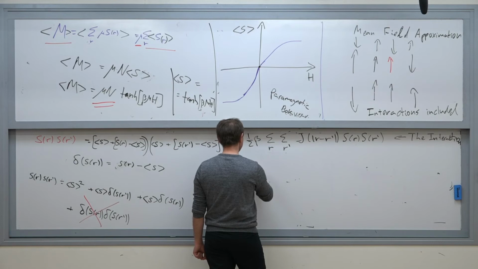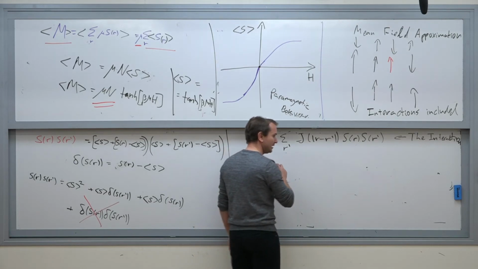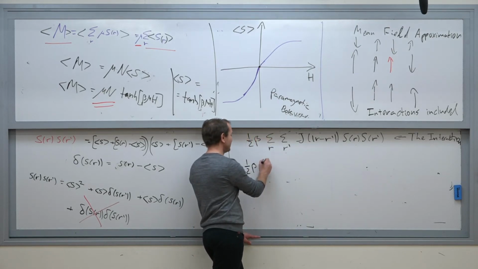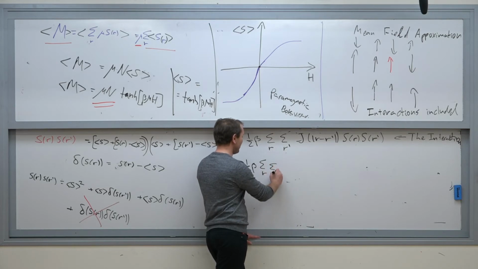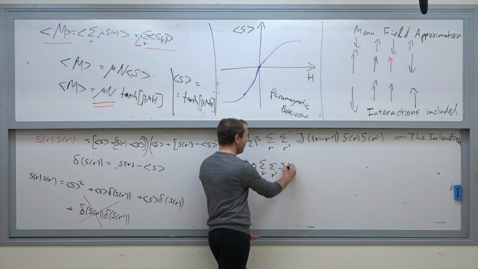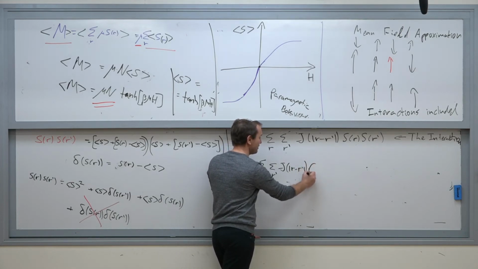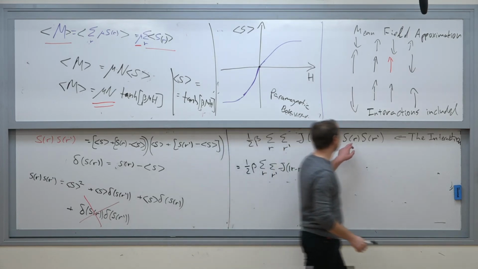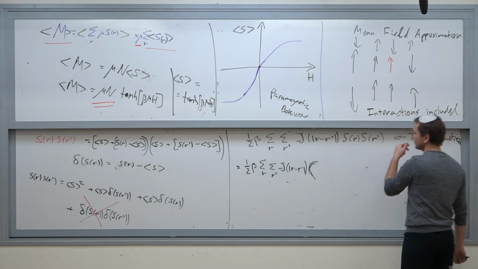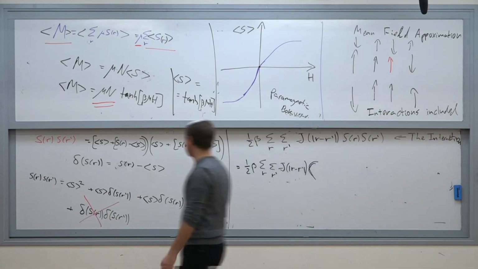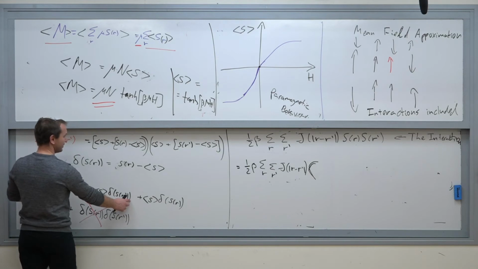It's equal to 1/2 beta, sum over r prime, j of r minus r prime, and here I'm using this representation of sr prime.